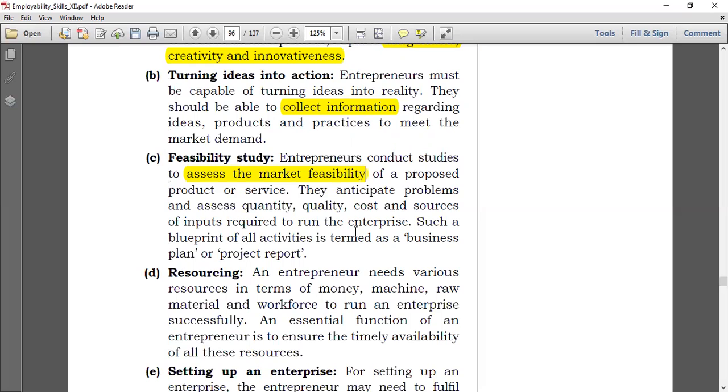So assess quantity, qualities, costs, sources of input required to run the enterprise. Whatever things are required for running an entrepreneurship, the person should be able to anticipate such problems, right?